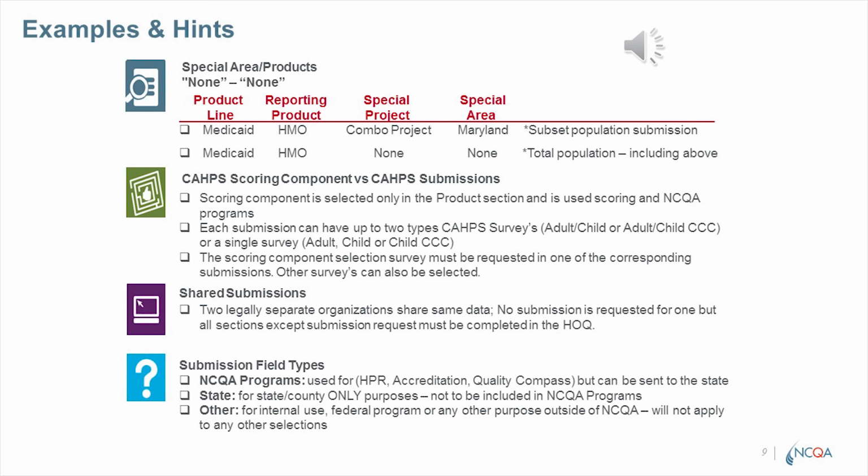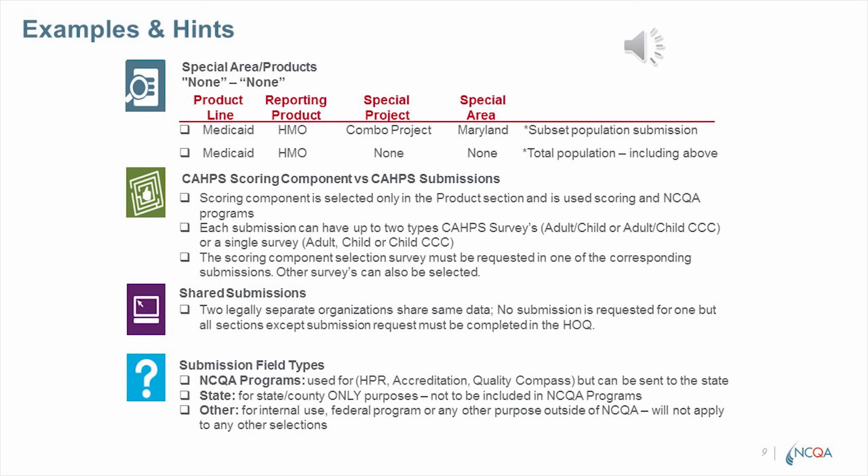Now in the HOQ, the submission page is going to list a shared submission that cannot, nor should it, be requested. You'll need to complete all sections in the HOQ, and then you can basically just skip the submissions page. The system will know that you have a shared submission, so it will allow you to mark final without any errors.